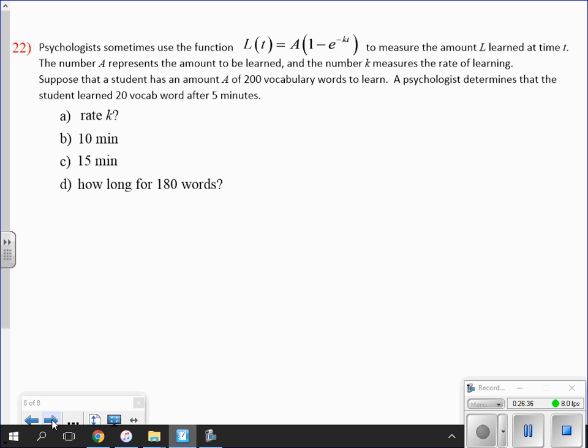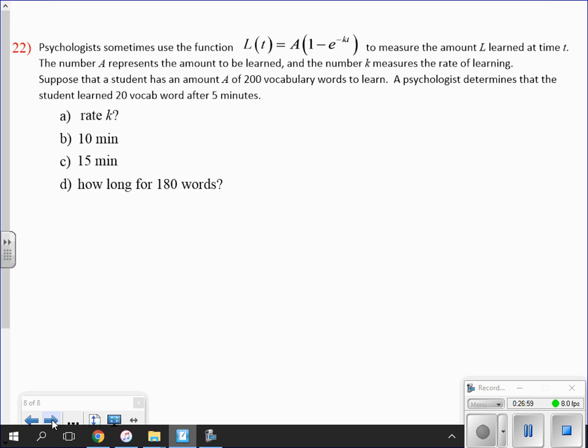Okay. So psychologists sometimes use the function L of t equals A times (1 minus e to the negative kt) to measure the amount L learned at time t. The number A represents the amount to be learned.